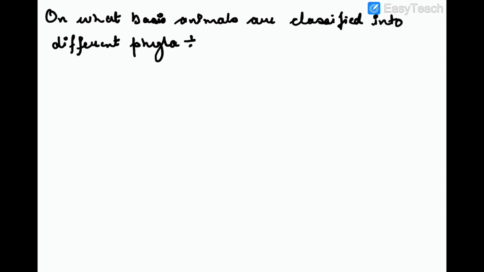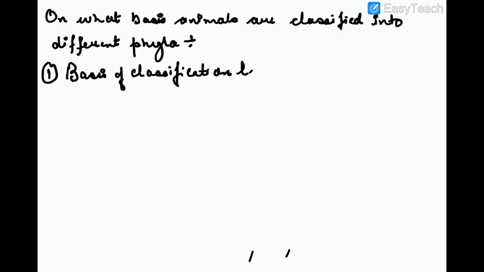So on what basis we have these 11 phyla, let us understand. The first basis of classification is level of organization.